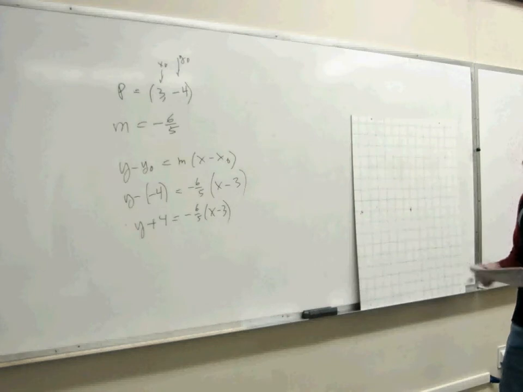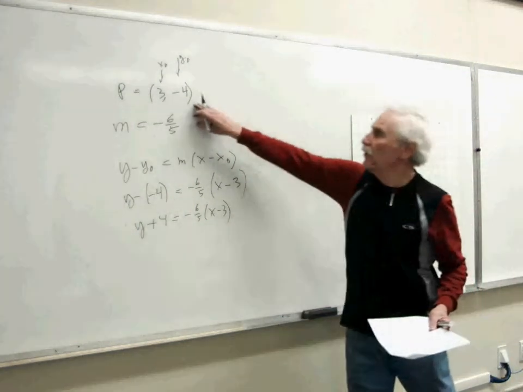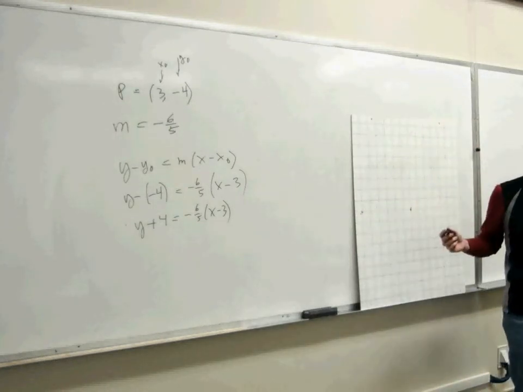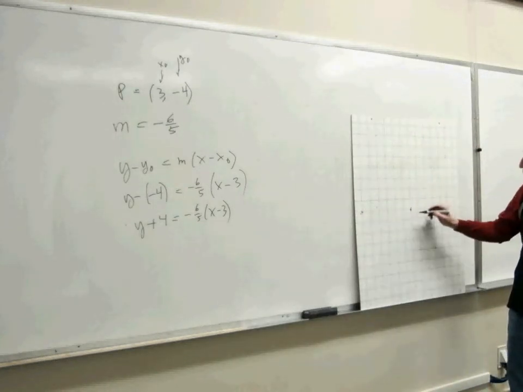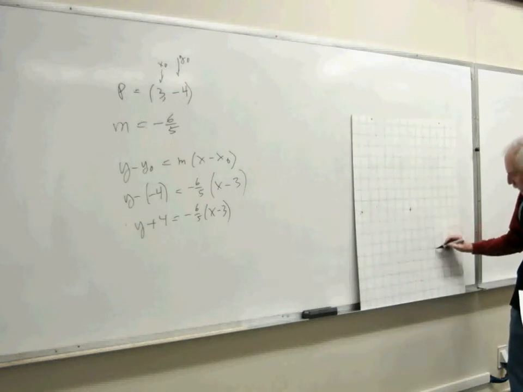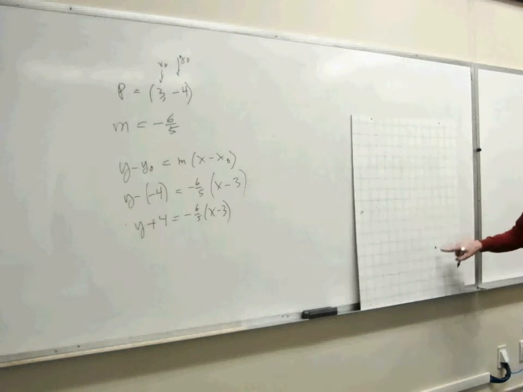Well, we can graph right off of this if we want. We know we're given the point, so we can at least put one point down. We know we're given 3 and minus 4: 1, 2, 3, and minus 1, minus 2, minus 3, minus 4. That's one point, and then we know the slope.